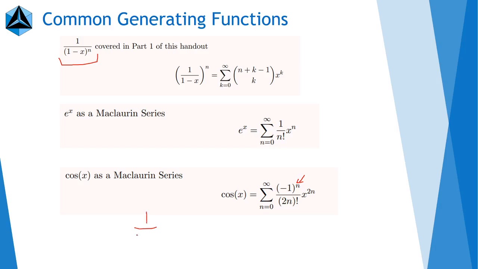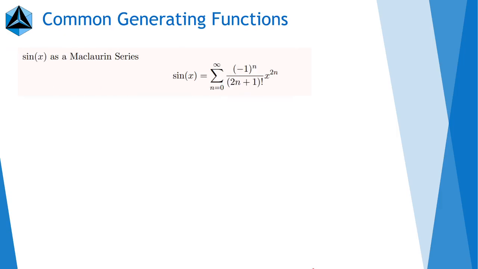It'd be 1 over 0 factorial, x to the 0, plus -1 over 2 factorial, x to the 2, plus 1 over 4 factorial, x to the 4, and so on. And that just comes from the Maclaurin series definition of cosine of x.